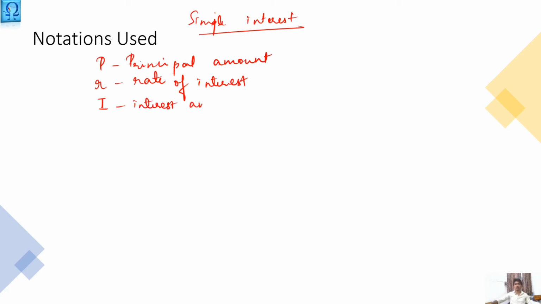Right? This is the interest amount. Okay. So we have a certain amount that we call the principal amount or principal value.